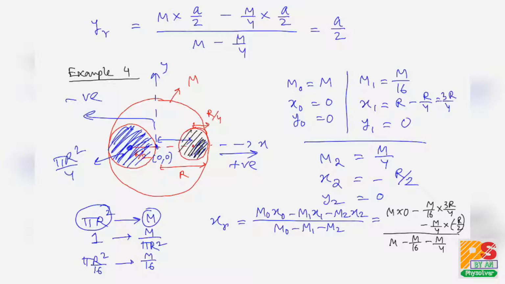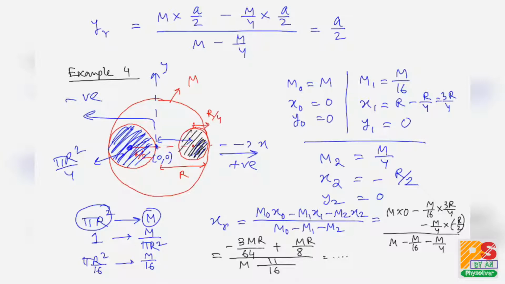Now this is the procedure. Therefore I can say this is minus 3mr by 64 plus mr by 8, divided by, if m is common, 16 is LCM, 16 minus 1 minus 4, that is 16 minus 5, that is 11. So you will get the answer eventually. yr is 0.